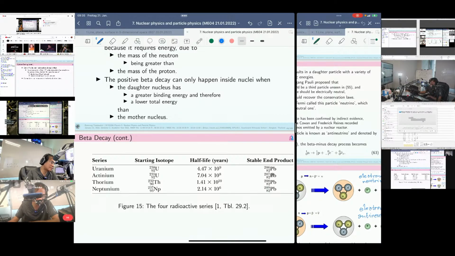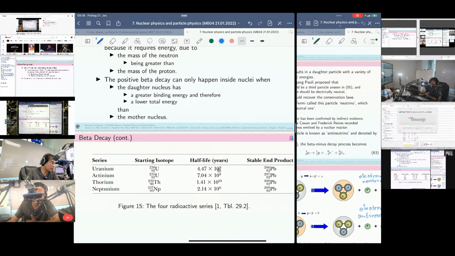The half-life is the major difference between the families. This is in thousand millions of years. Say you have 2 kilograms of uranium. Once 4.47 thousand million years go by, you will have only 1 kilogram of uranium.